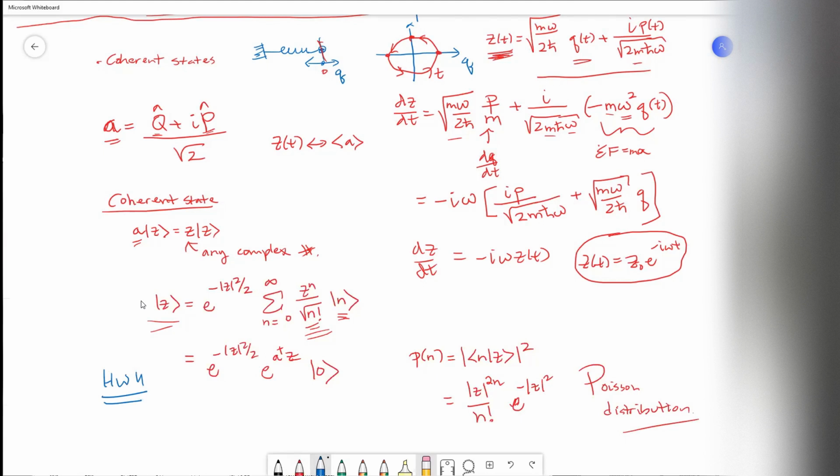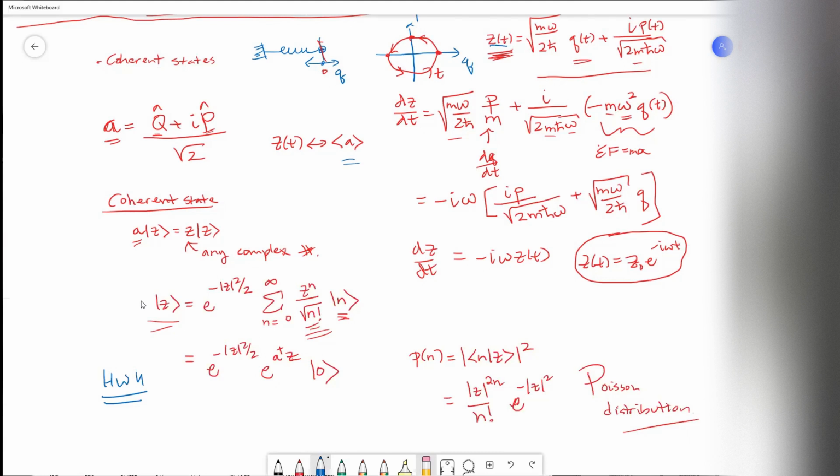But that's kind of the idea: harmonic oscillator motion describes a circle in phase space, and you can put it in the complex plane by introducing the z coordinate, and this basically behaves like the expectation value of the annihilation operator. So it's interesting to study the annihilation operator itself and find its spectrum, its eigenvalues and eigenvectors.